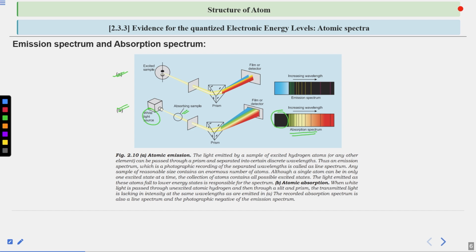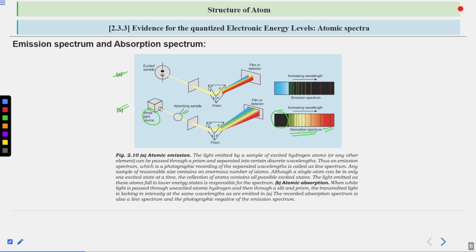So this spectrum that you get after the absorption of a part of light by the absorbing sample is called the absorption spectrum.